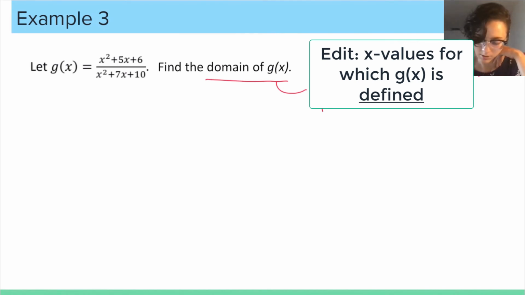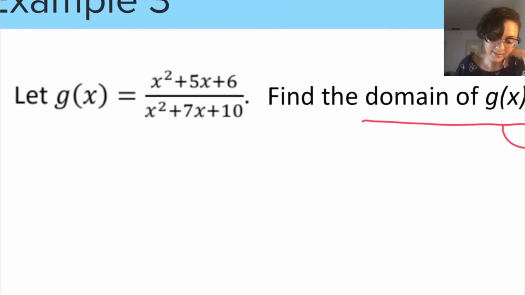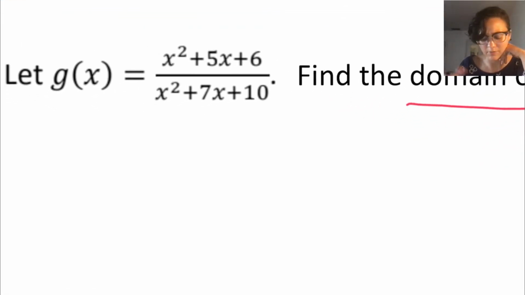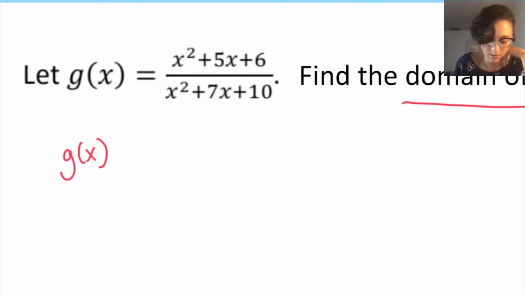Okay, so I'm going to say no holes or vertical asymptotes, right? So in this function g, we just have to figure out, are there any holes or vertical asymptotes? So let's factor this thing. You should try to be factoring it on your own, just to be practicing your factoring.